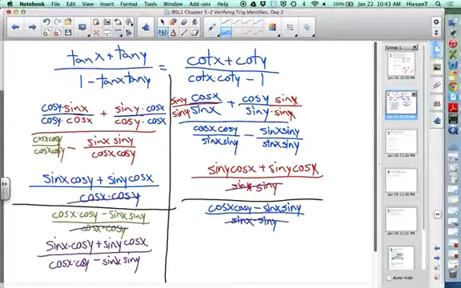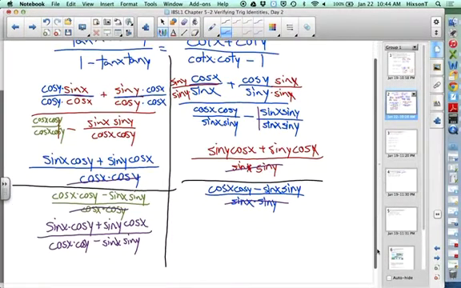The 1 is right here. He transformed it into sine x sine y over sine x sine y. To get a common denominator, yeah. Anything divided by itself is 1, and I wanted a common denominator.